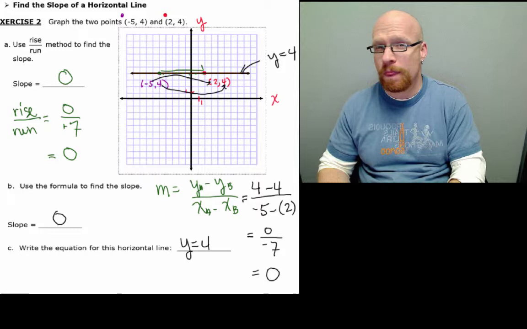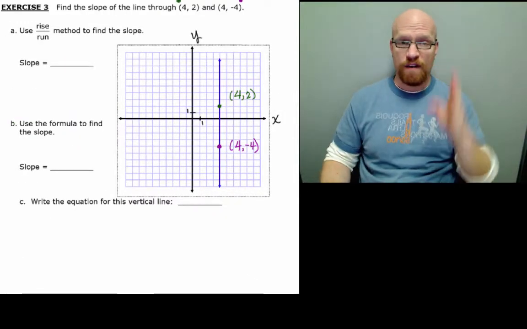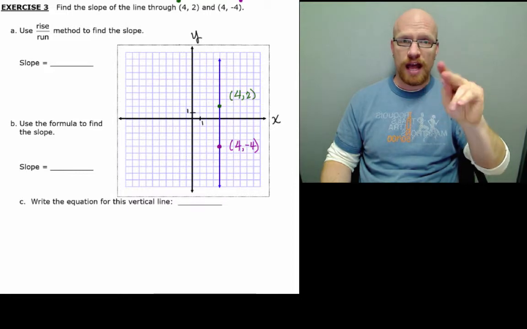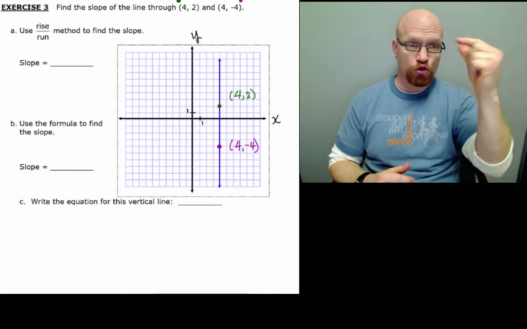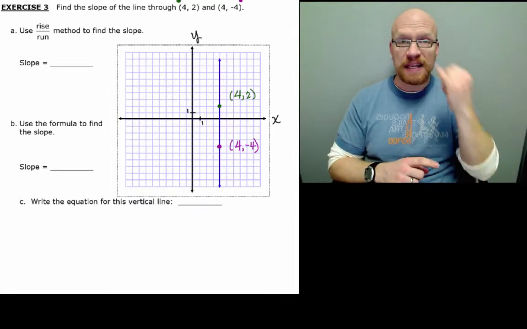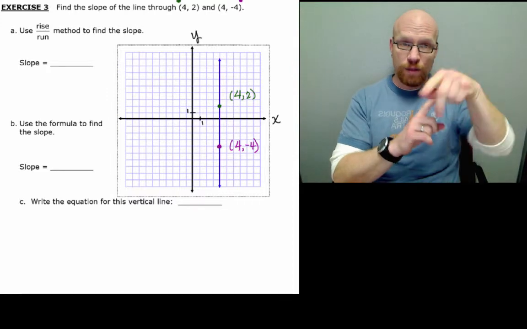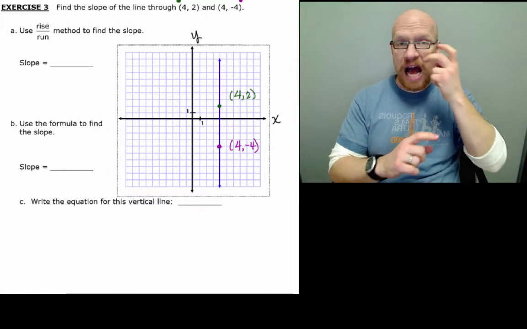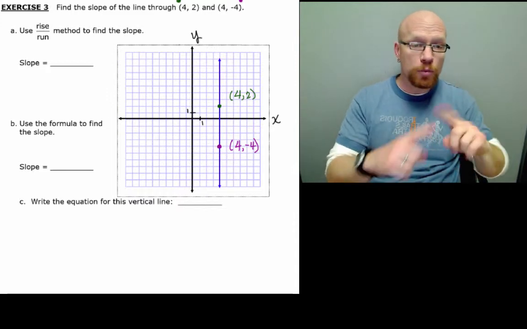Now we have a vertical line. You can see we have 2 points, the green and the purple. To try to use my graphical method for finding the slope, I can see I have a rise from purple to green.